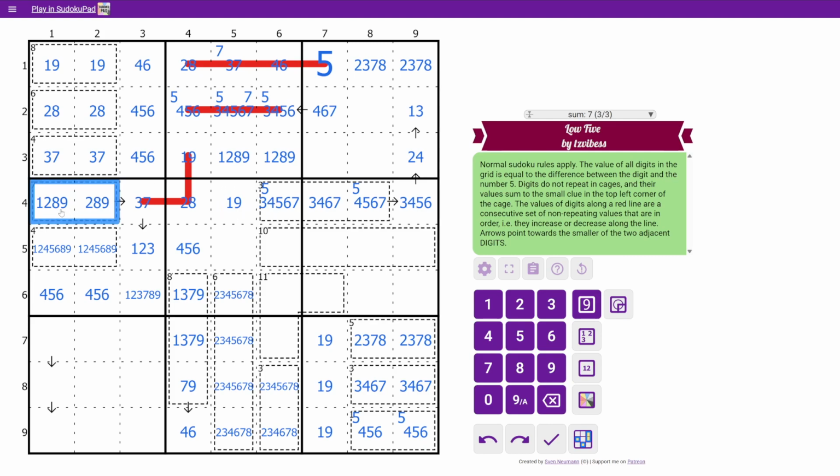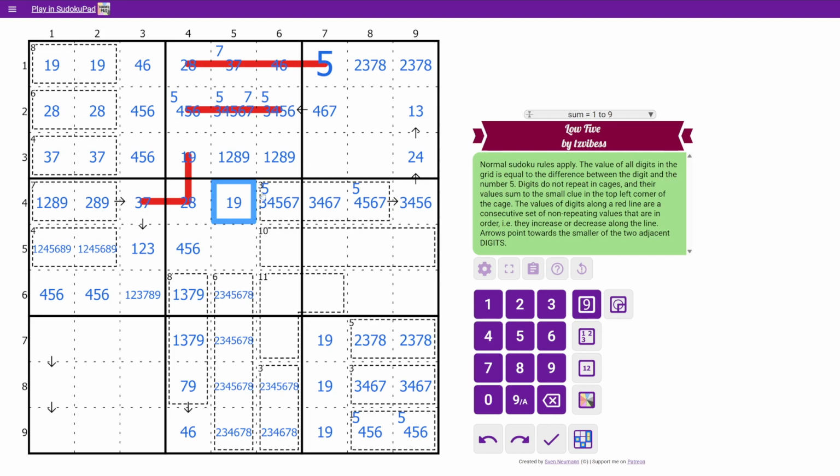There's going to be a 4 value here, and a 4 value here. 0, 1, 2. Wait a minute, back that up.